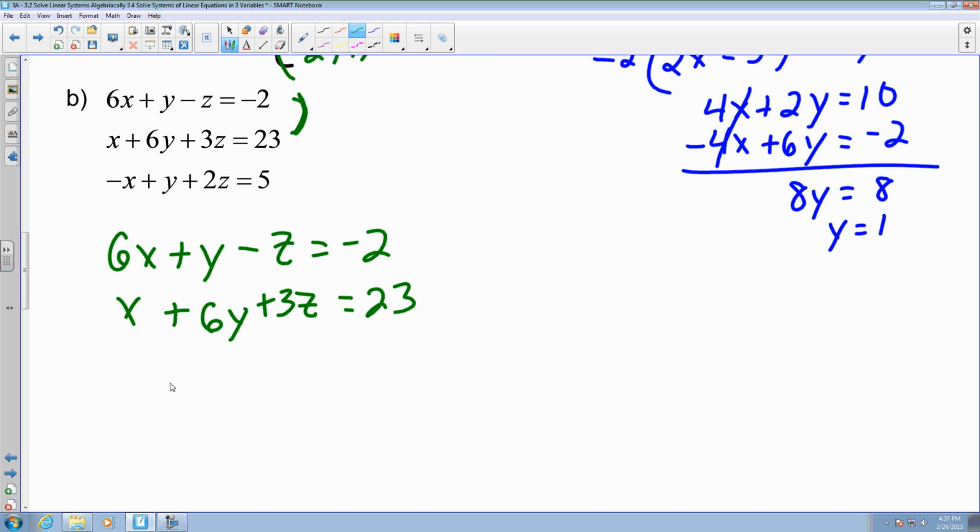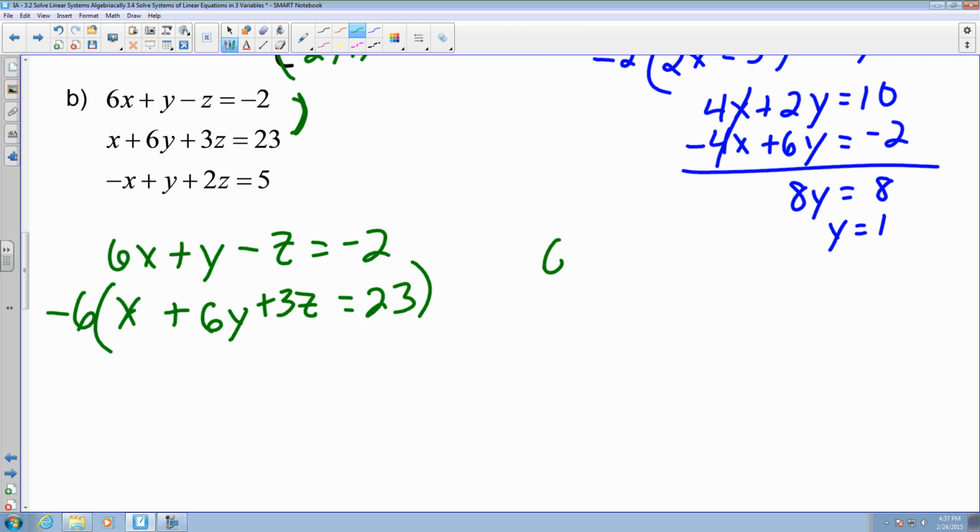So you can pick whatever value you'd like to eliminate, but I'm going to choose x, because I see how I have these two x's right here, how they're opposite coefficients of one another. So just to plan ahead, I'm going to eliminate the x value first. So in order to do that, I'm going to multiply this by -6.